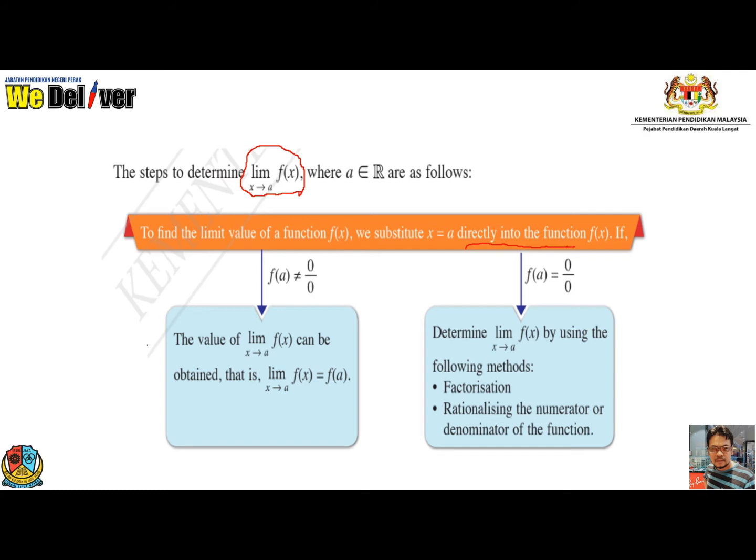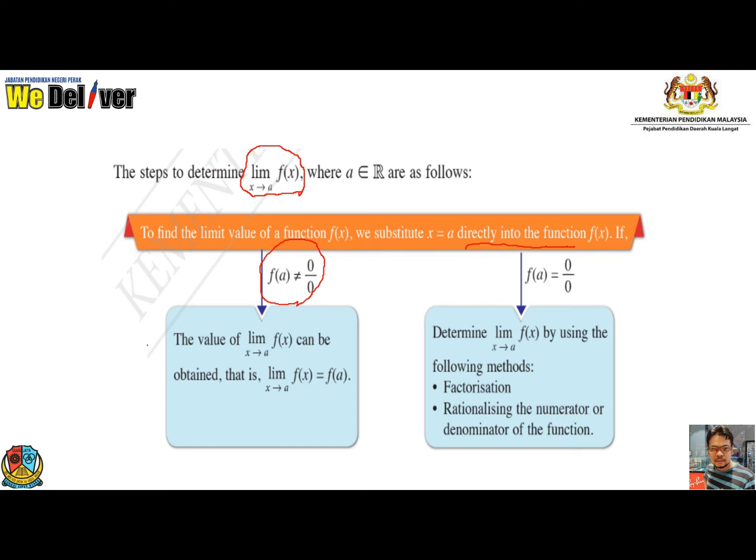First, we need to test the value of f(a). If f(a) is not equal to 0 over 0, then the limit when x approaches a of f(x) equals f(a). So in this case, we directly substitute the value of x into the function.